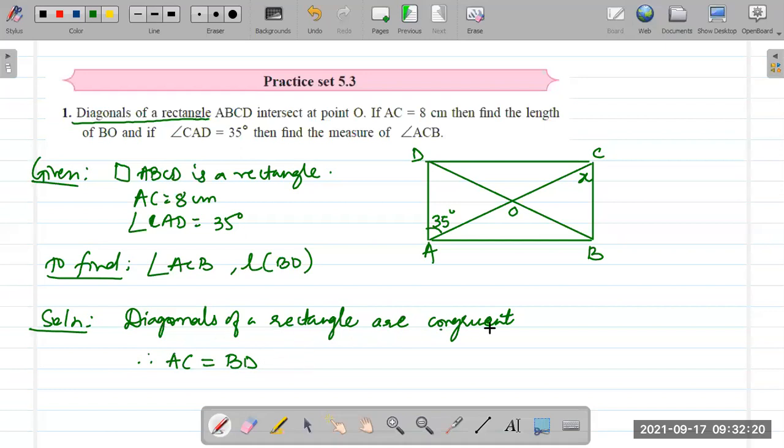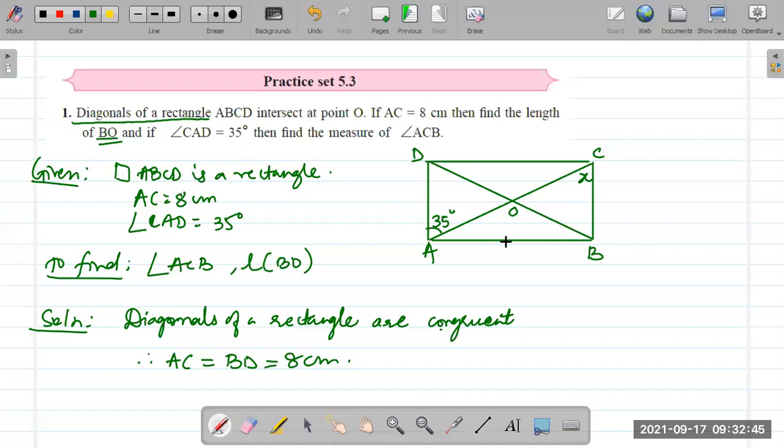So this is the property of a rectangle. And therefore, since AC is 8 centimeters, we can say BD is also 8 centimeters. Now, we are asked to find BO. BO is just this part.